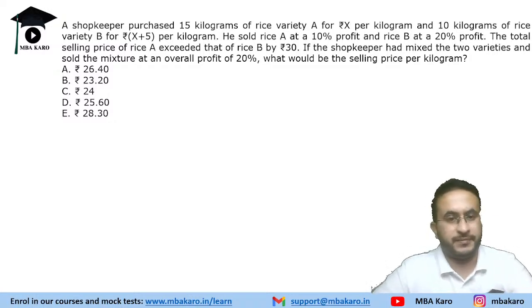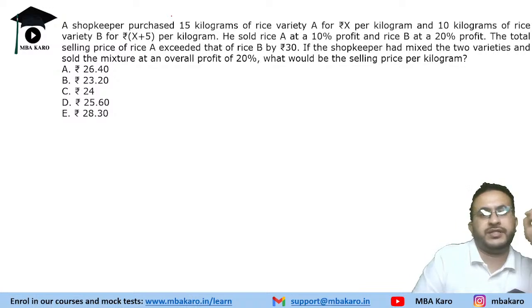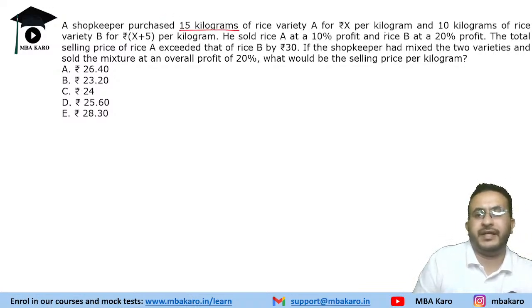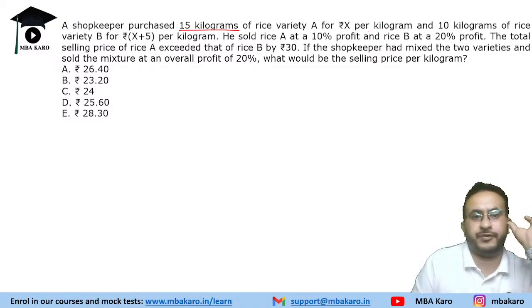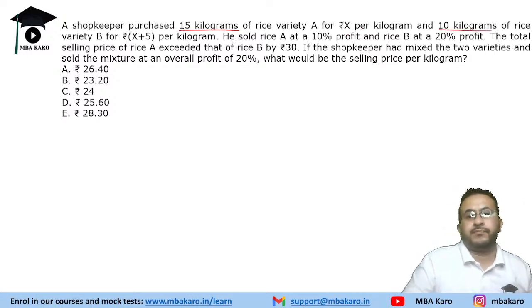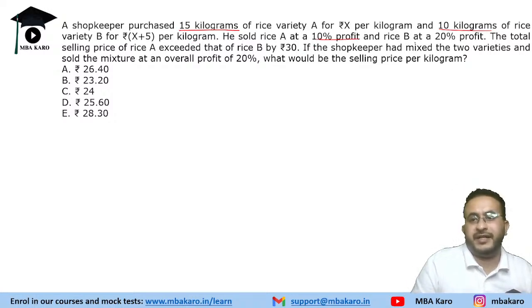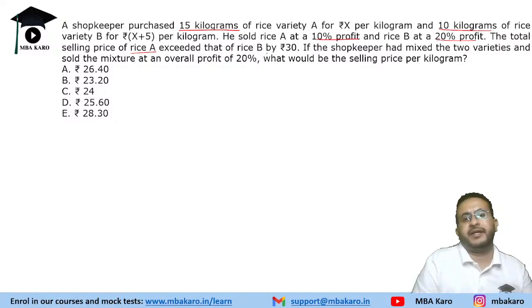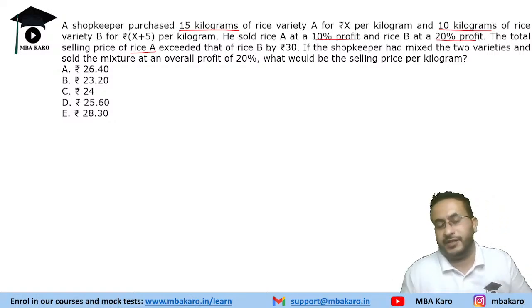So let's see this one. The approach to doing this question: 15 kilogram of rice A at x per kilogram, and 10 kilogram for x plus 5 per kilogram. Okay. Rice A with 10% profit and rice B at 20% profit. Total selling price of rice A exceeded that of rice B by 30 rupees.